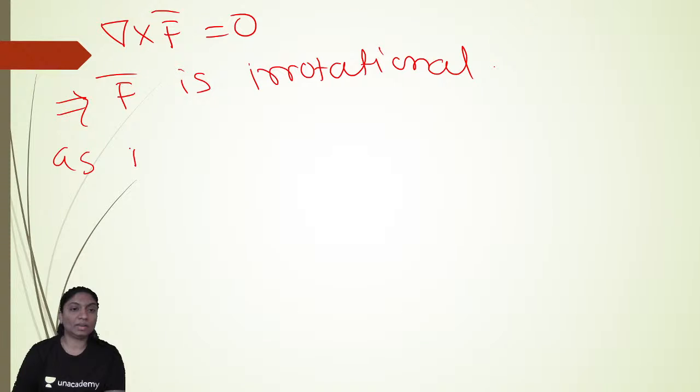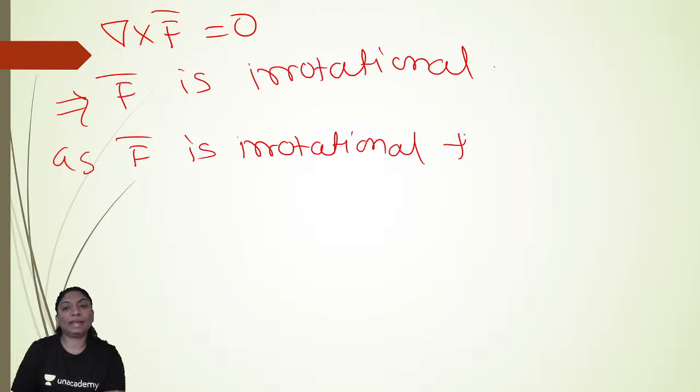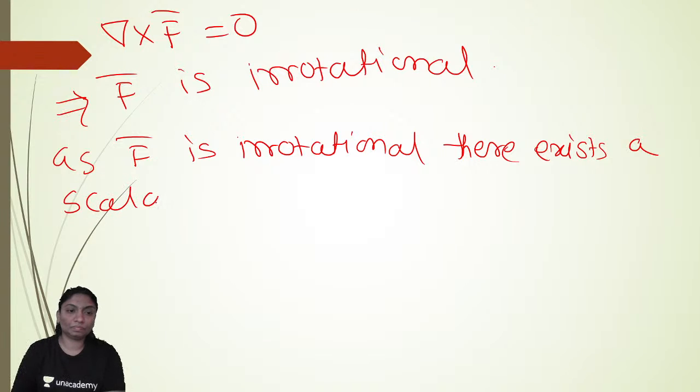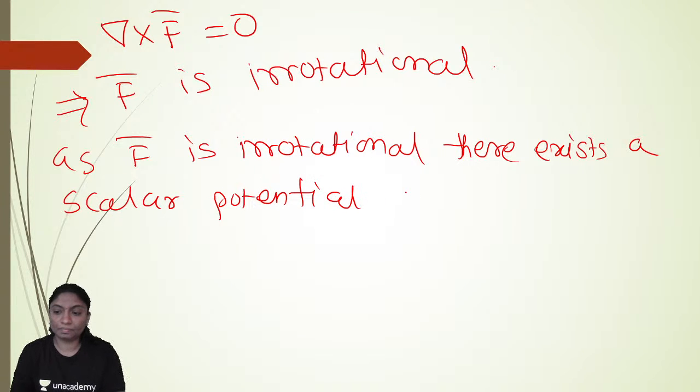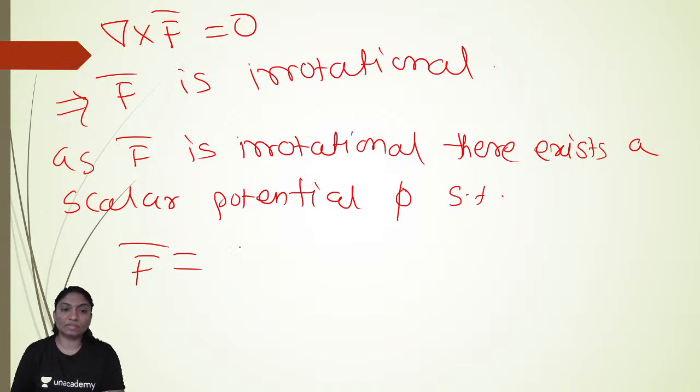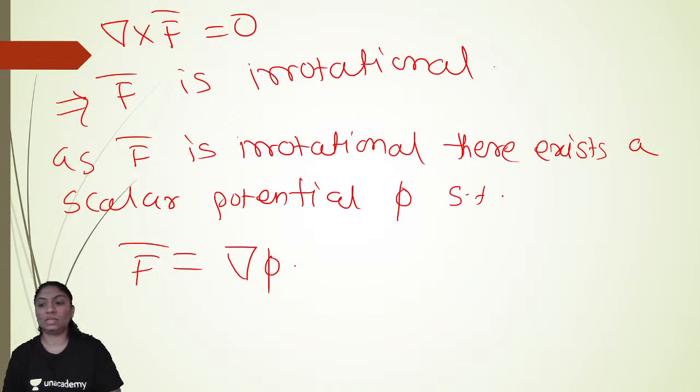As F bar is irrotational, there exists a scalar potential phi such that F bar is equal to del phi.